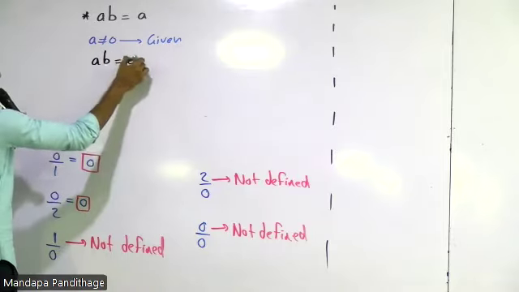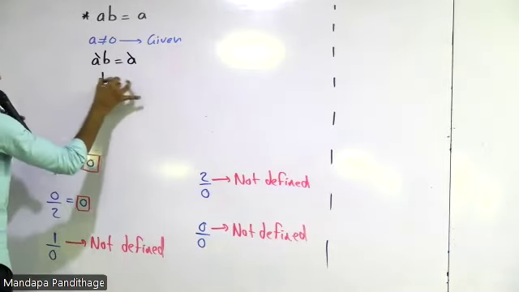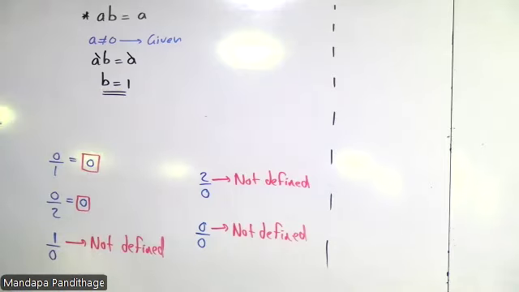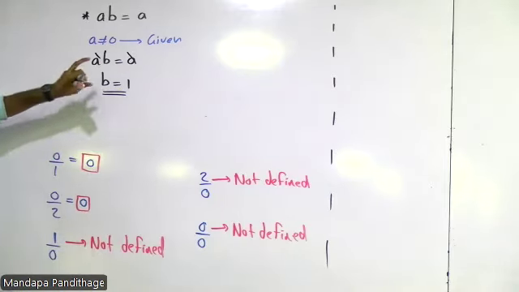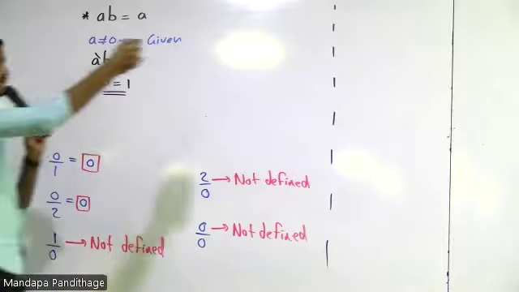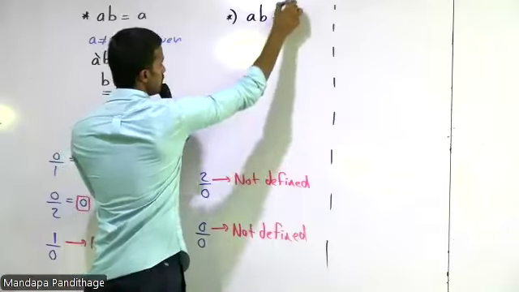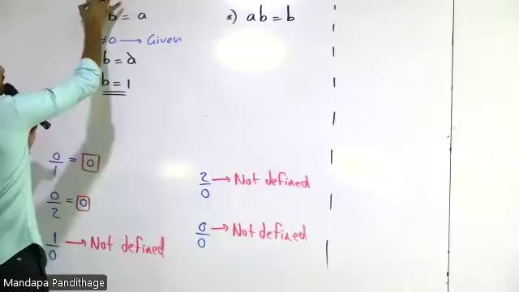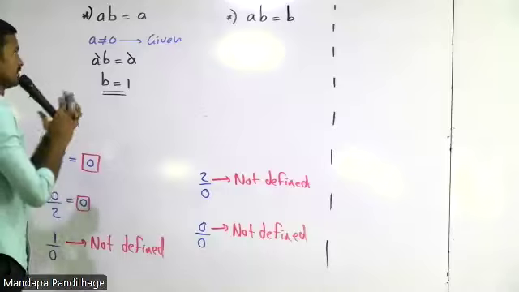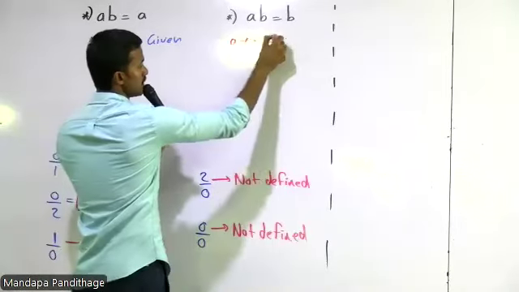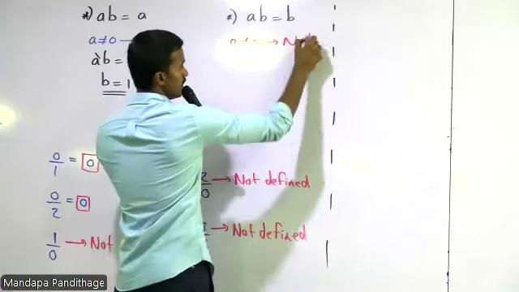You can cancel this and write the only answer: B is equal to 1. Cancelling means we can divide by A. But if they haven't given it, AB is equal to B, and A is not equal to 0 is not given.